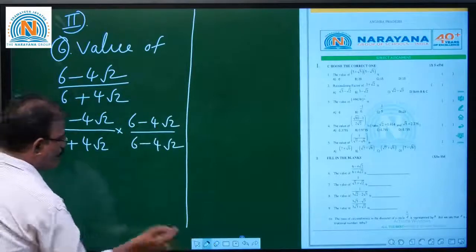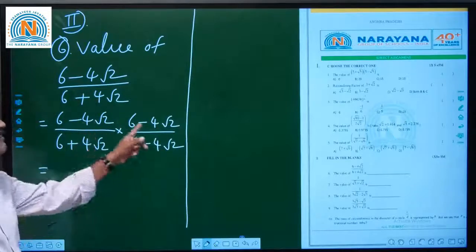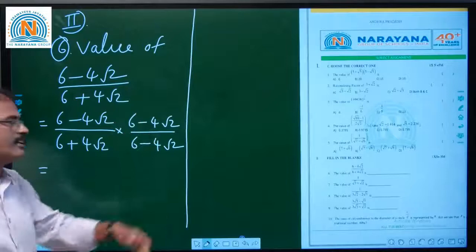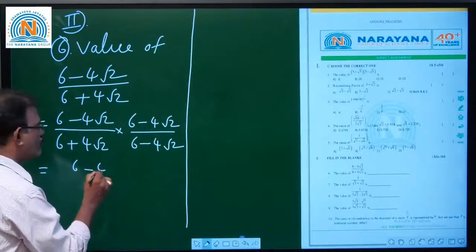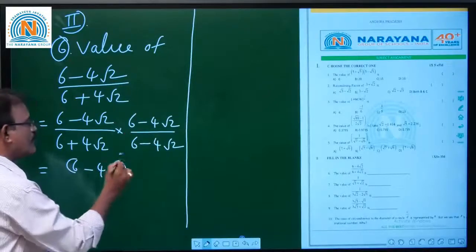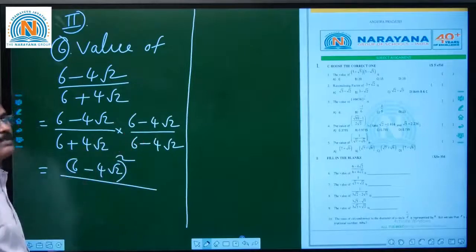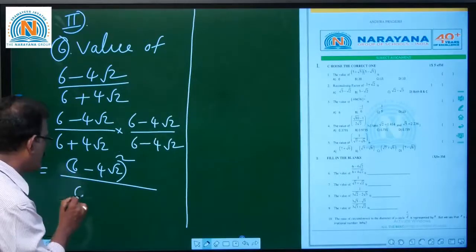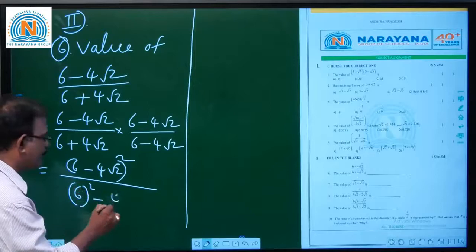Now, the numerator has the same terms, like x into x, x square. So, write 6 minus 4 root 2 two times, children. But the denominator is (a plus b) into (a minus b), a square minus b square, children.